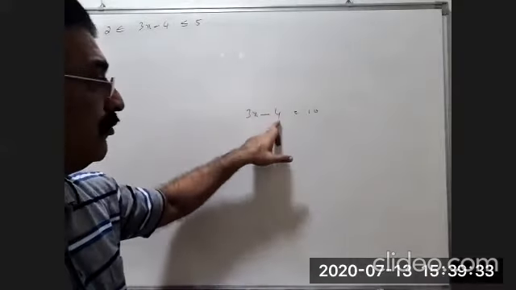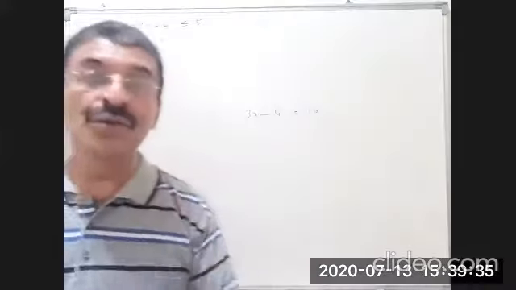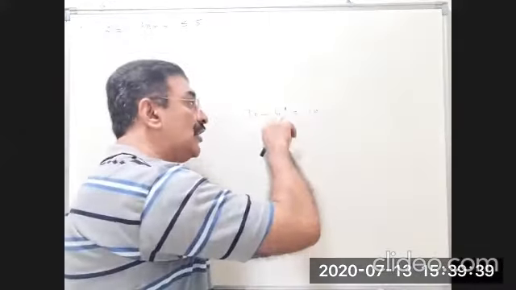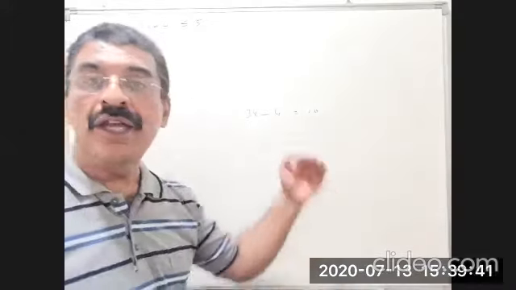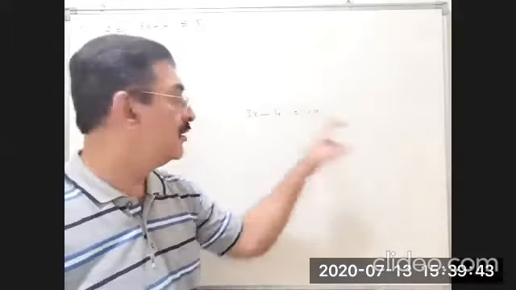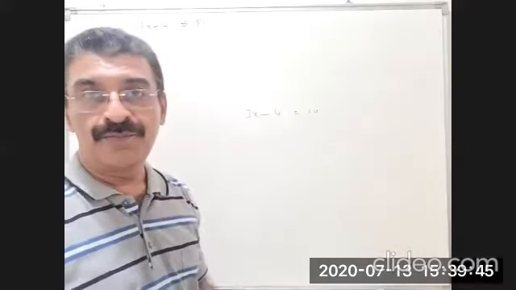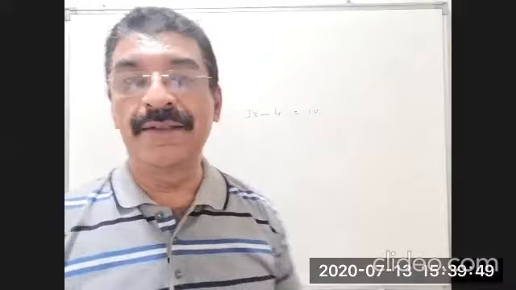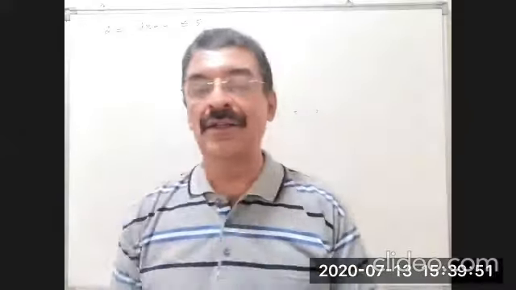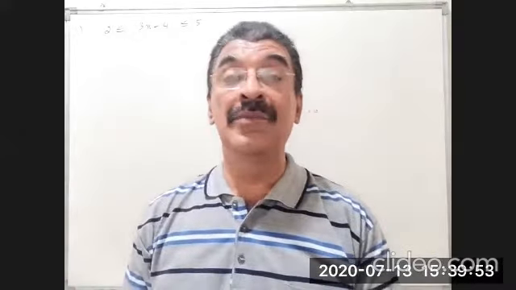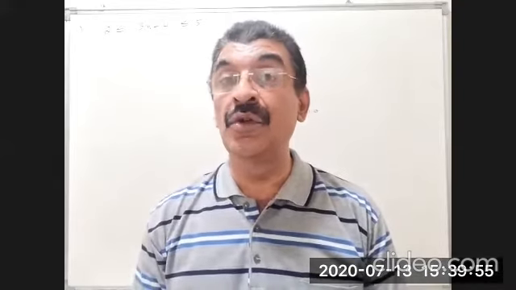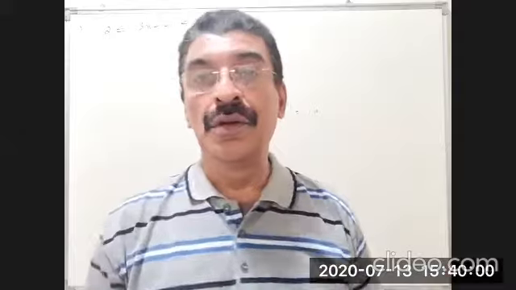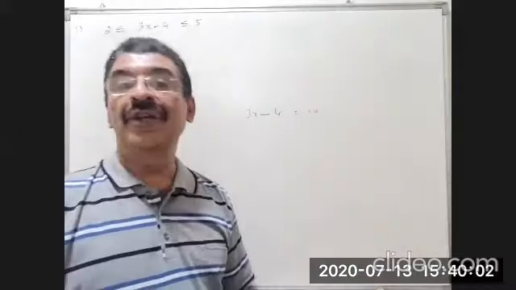Removing 4 means we used to say transfer minus 4 to the other side, it becomes plus 4. Actually, what is happening is Euclid's axiom that you learned in class 10, Euclid's geometry: if equals are added to equals.